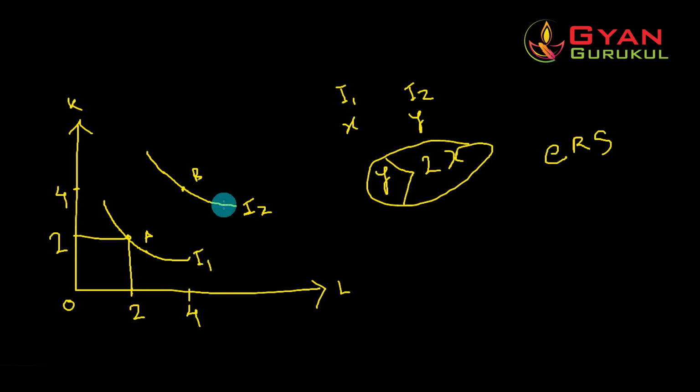This isoquant was representing an output level x, and this isoquant is representing an output level y, but y is greater than twice the amount of x, right?